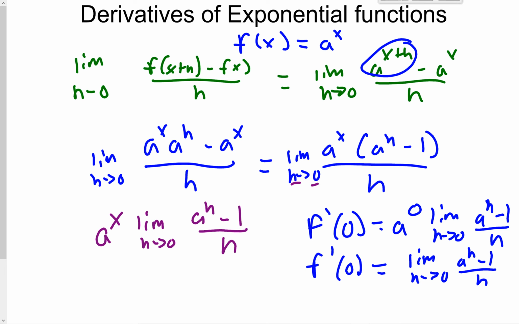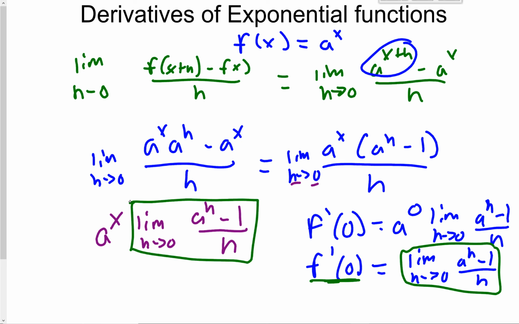And we know since this right here equals the derivative at 0, then we can say that the derivative of f of x, our exponential, is equal to the derivative evaluated at 0 times a to the x.